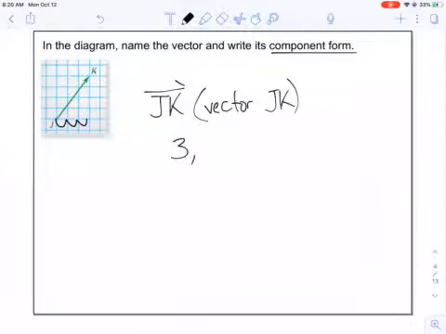So right 3, up 1, 2, 3, 4. So there's my component form. It's vector JK because it starts at J, goes to K. You go right 3, up 4 to get from J to K.